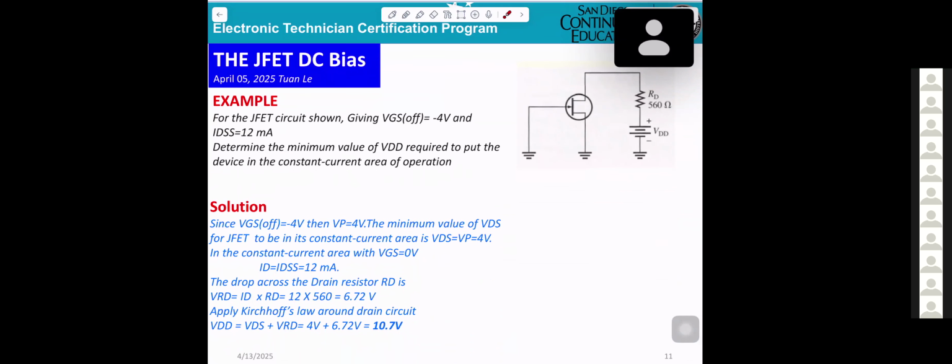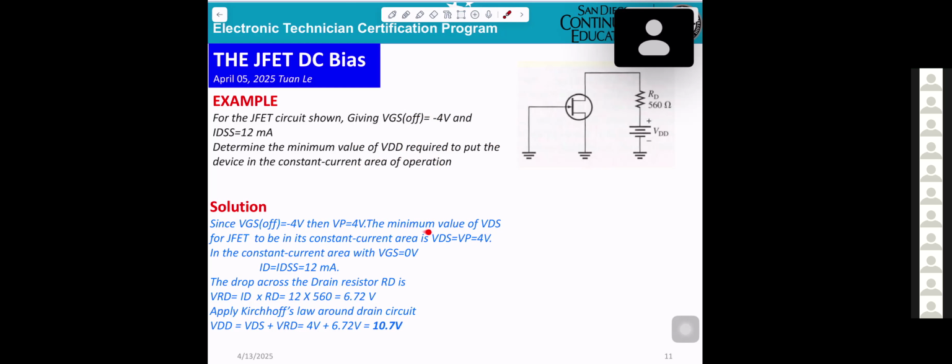This is just an example, and we're already done. They're given VGS of minus 4 volt and IDSS at 12 milliamp. They ask to determine the minimum value of VDD required to put the device in the constant current area. If you go through it, VGS of minus 4 volt means VP is 4 volt.